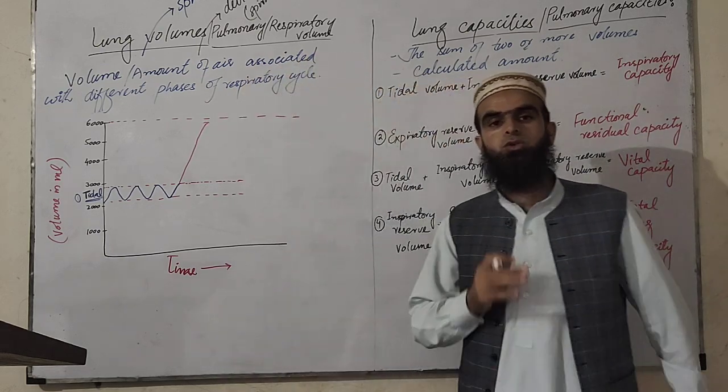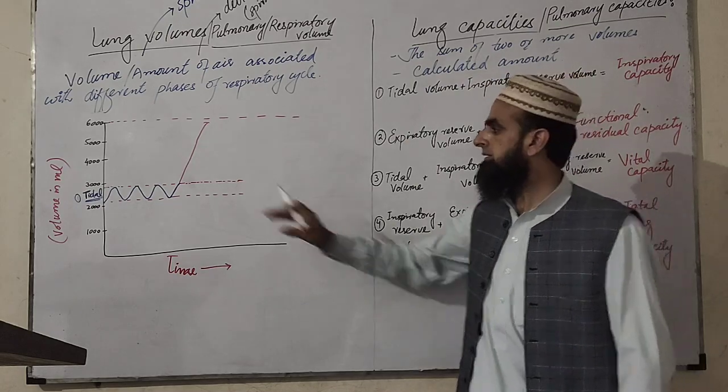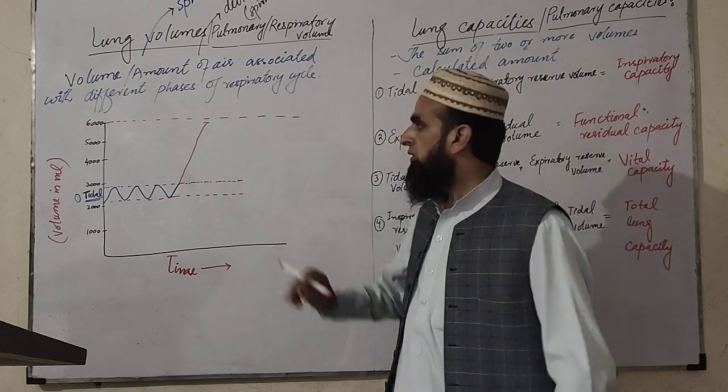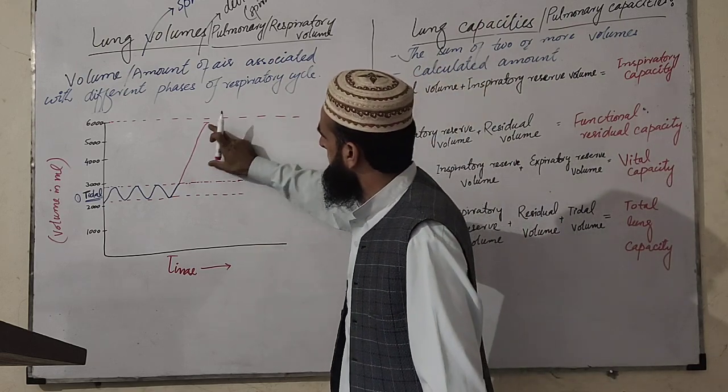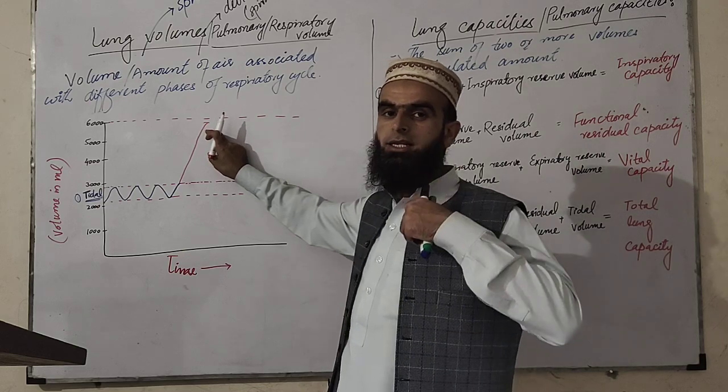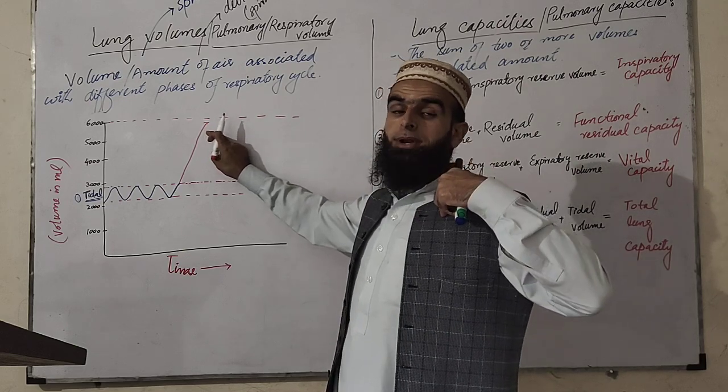It is said that about 3,000 ml of air is taken in other than that tidal air. So this is the extra amount of air which has been taken in during a deep breath.